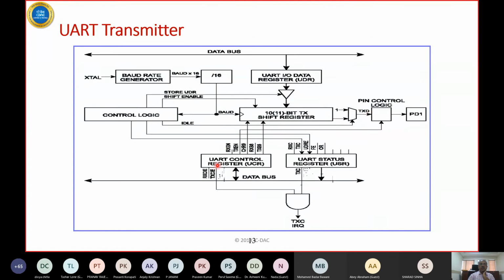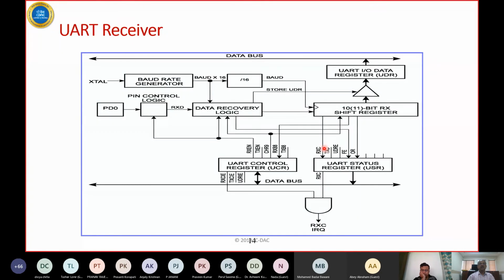Once it is shifted out, there is a status register in which the transmission complete flag is set, and that can generate an interrupt. So this is how the transmitter works. That is, parallel data is loaded by the CPU or the host or the microcontroller of which this UART is a part, and then once it is loaded, it is sent out bit by bit.